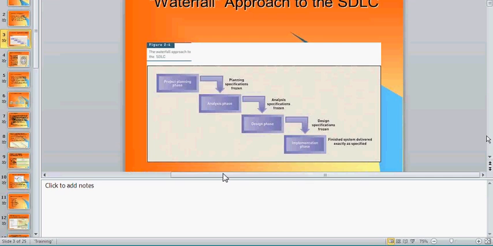You're not taking a big risk of not being able to deliver what you actually set out to deliver, right? Yes or no? So waterfall is low technical risk.